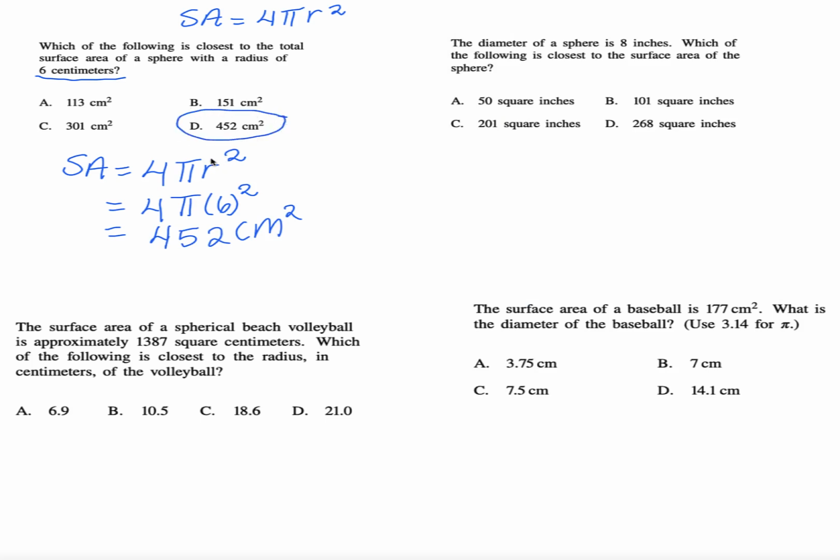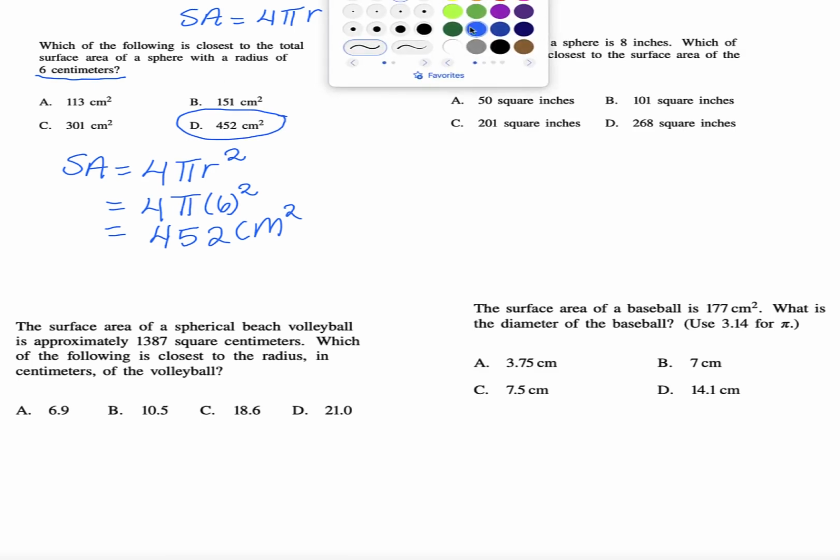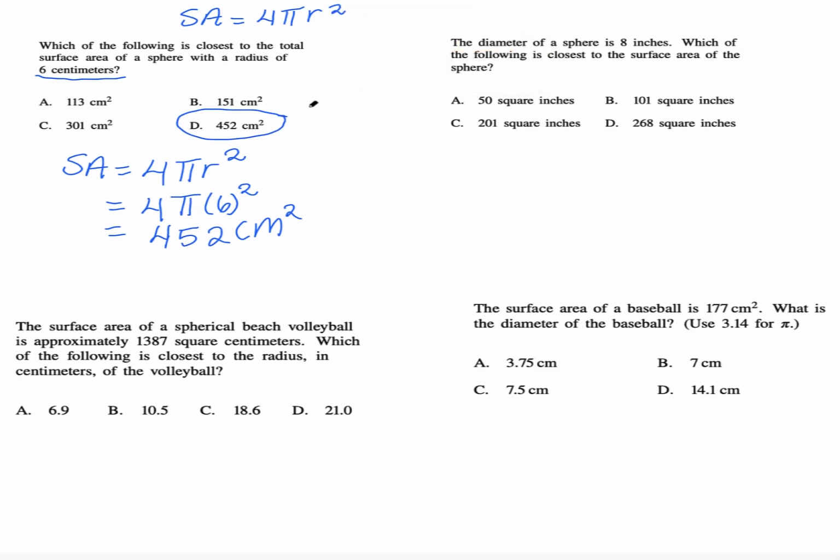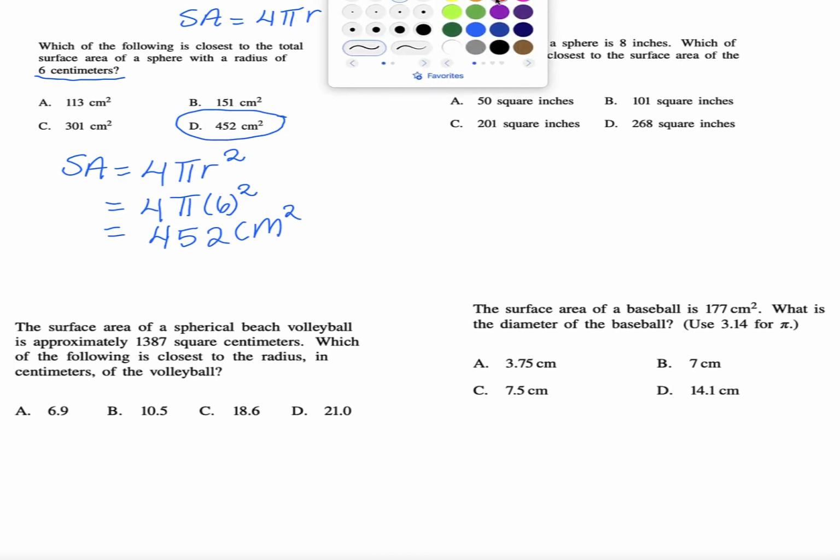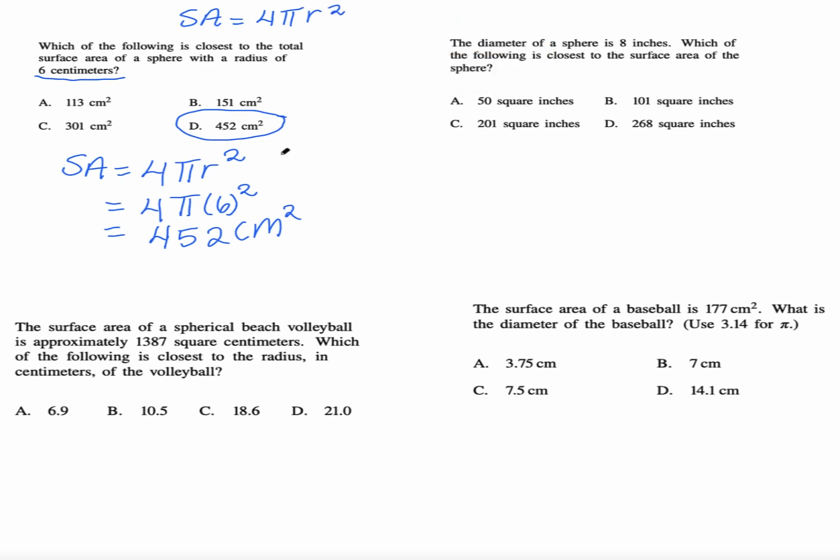Now there are some folks that when they're doing these problems, they don't like to use pi. I had a student like that once. So if you want to, you can use 3.14. Here you could have written this as 4 times 3.14 times 6 squared.